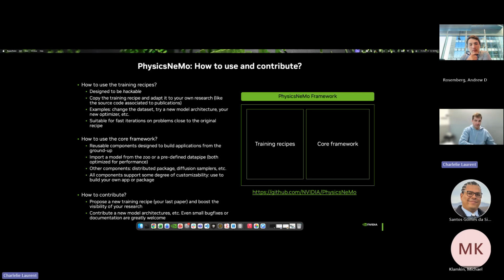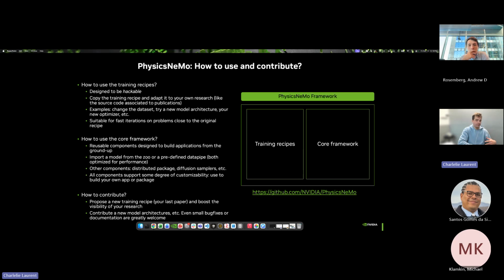That benefits the community a lot, and it also benefits the person who contributes, because this gives a lot of visibility to the research. The example will appear in our documents, with a clear reference and link to the paper. So this increases the visibility of the research a lot.